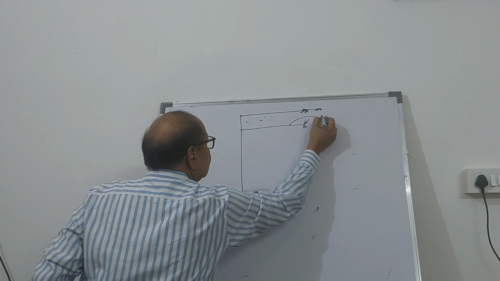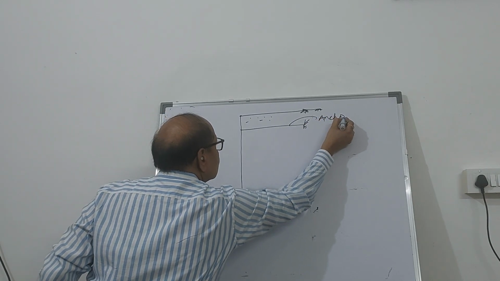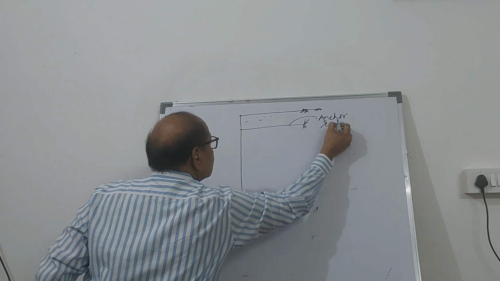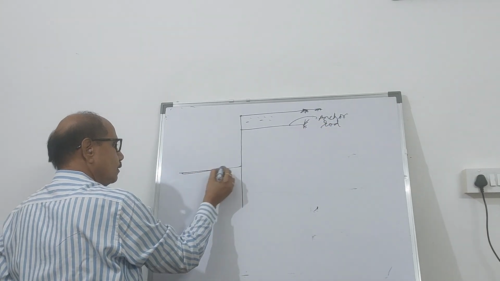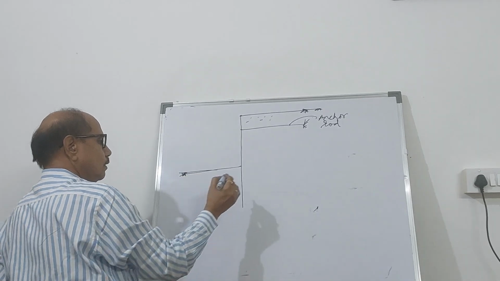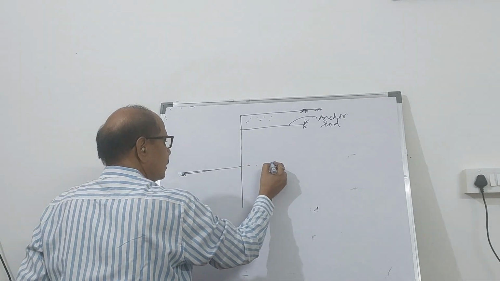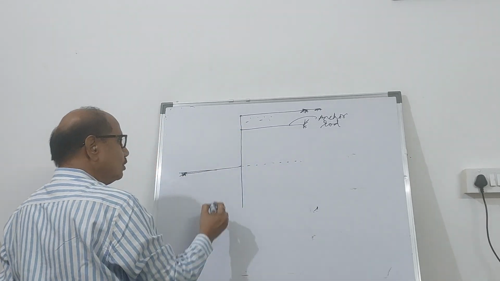This is the anchor rod, and this is the dredge line, and this is the ground.